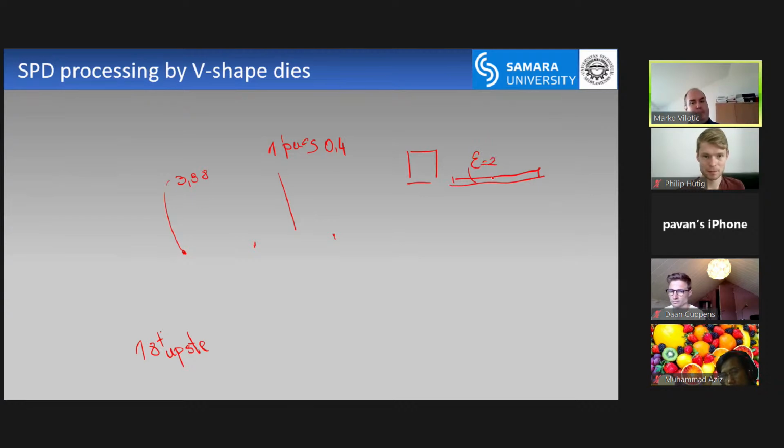I mean, it's not low, but that's the maximum. You cannot compress further. This is like 20 millimeters, and this is maybe 2 or 3 millimeters. I cannot do further.